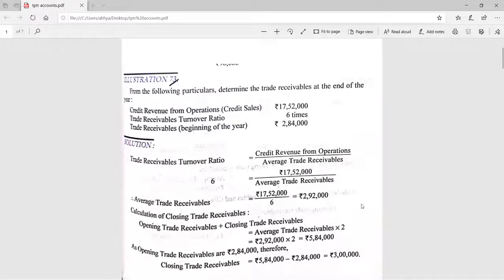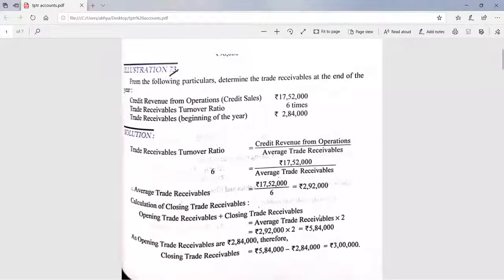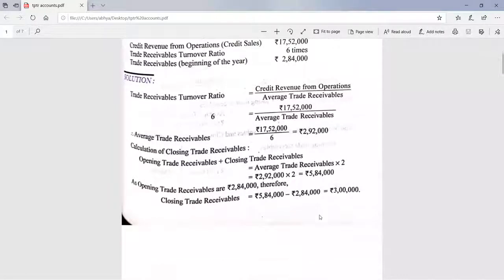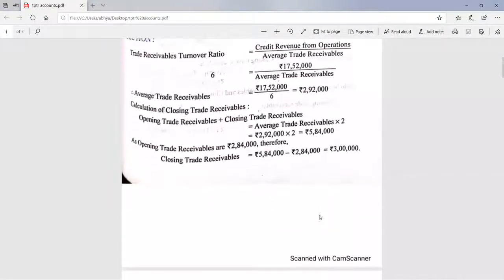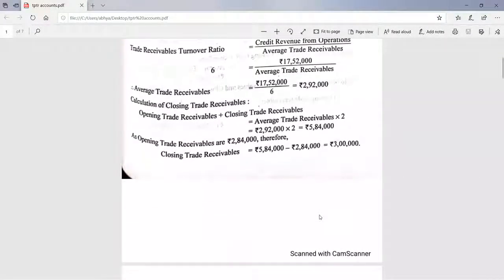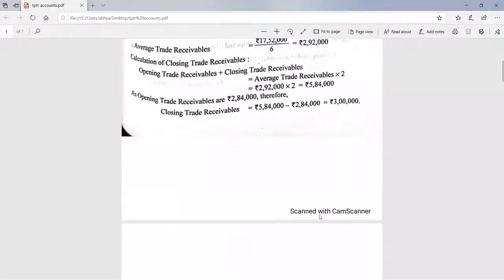Then average trade receivable is equal to 2,92,000. Then calculation of closing trade receivable: you have to put the values in the formula, and then you will get the answer for closing trade receivable. Okay, all of you have done it correctly.